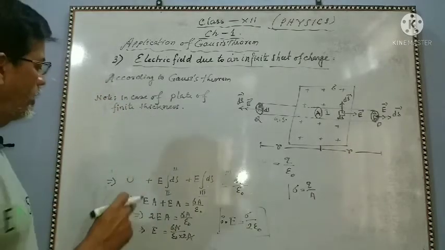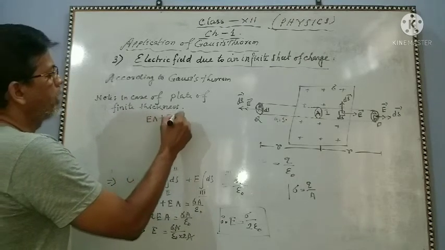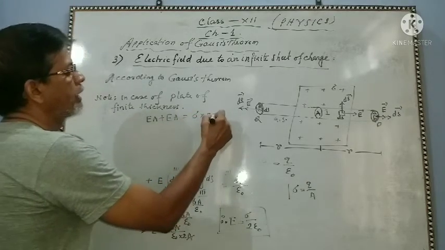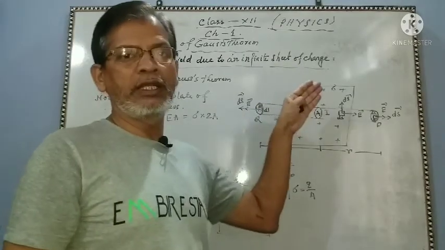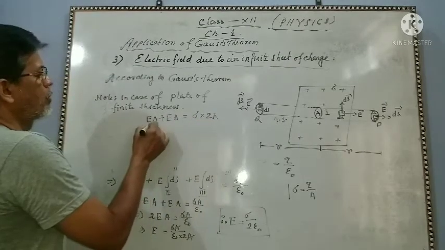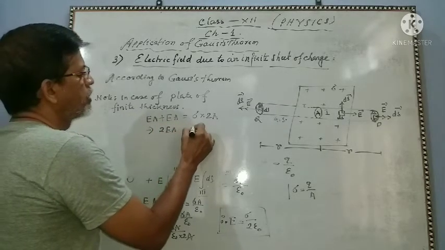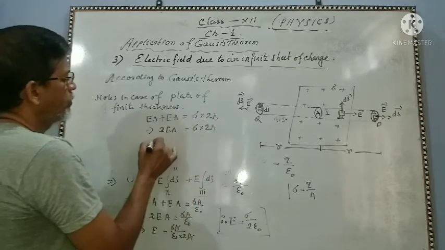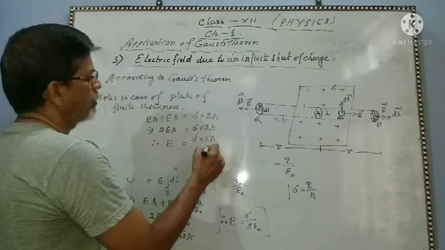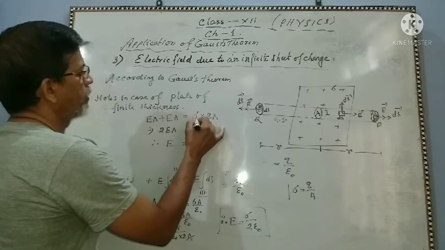What will we get? It is the same: EA plus EA equals sigma into 2A, this side and the opposite side, since it has thickness. So twice EA equals sigma into 2A by epsilon naught, therefore E equals sigma into 2A by 2A epsilon naught.